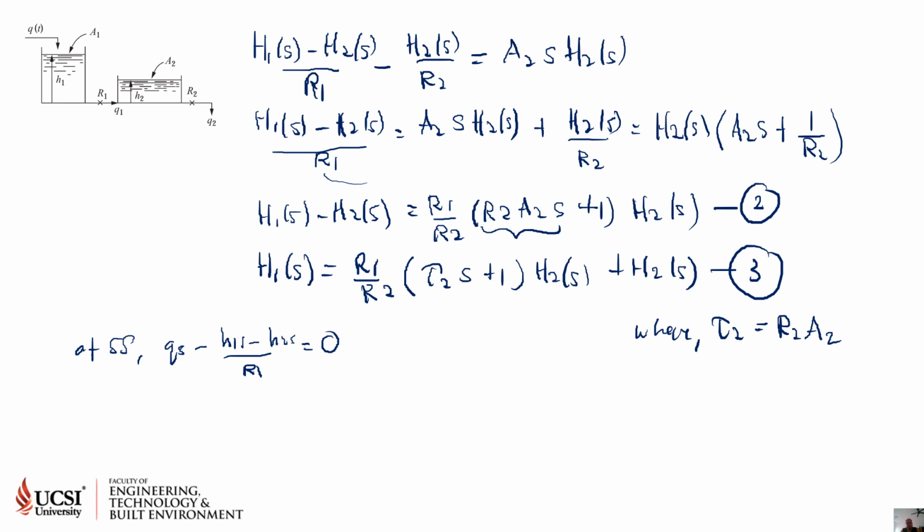When we apply deviation variables, we get Qt minus H1(t) minus H2(t) over R1 equals A1 dH1(t) over dt.